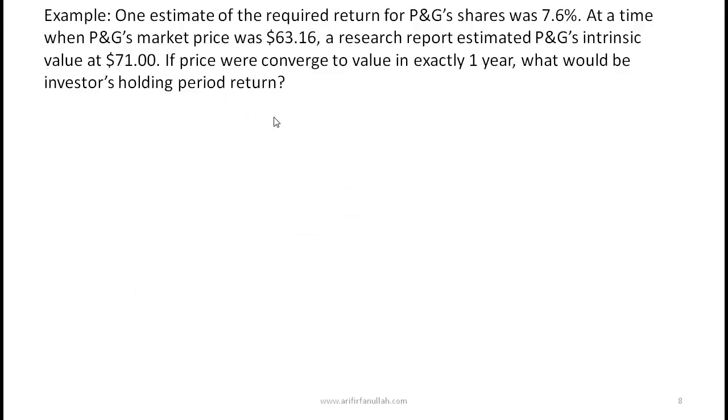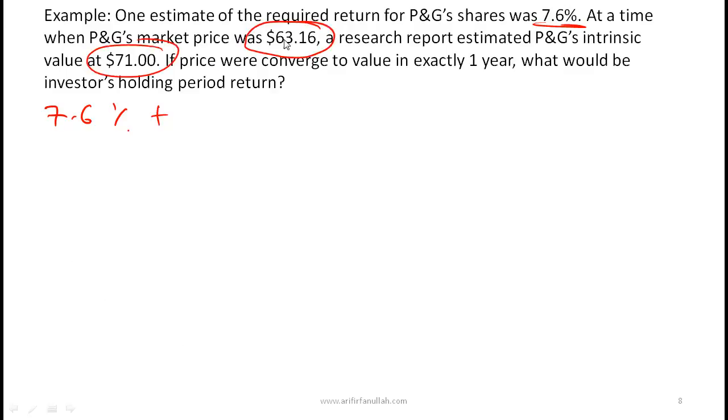Let's just look at this example. You have been listening to me for a while, so let's see if you can do this problem. This is pretty straightforward. What are the two sources of return? One is the required return based on the riskiness, which is 7.6%. Plus what? Plus if this mispricing corrects.